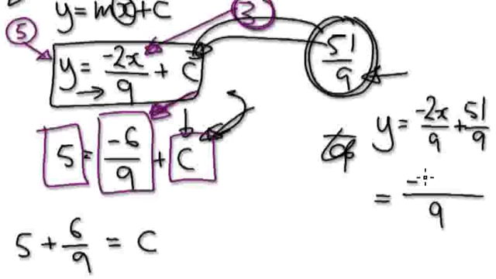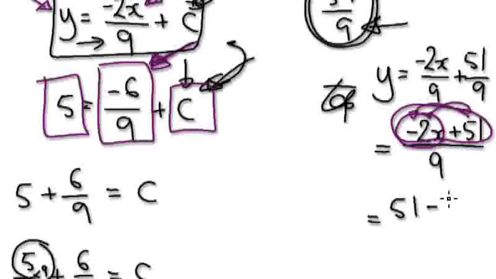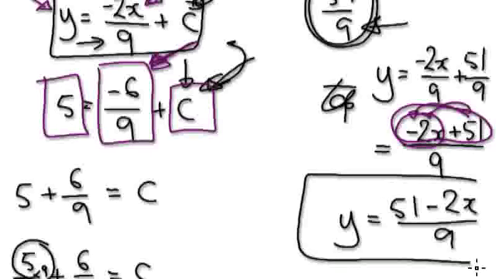So 9 minus 2x plus 51. Now this here exists in a bubble, so let's just switch these two around so it looks neater, rather than having a minus in front. So it'd be 51 minus 2x over 9. So this is your answer.